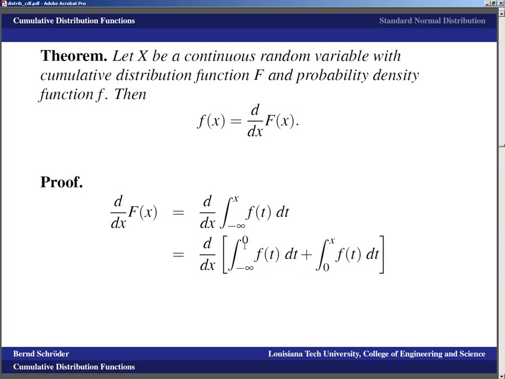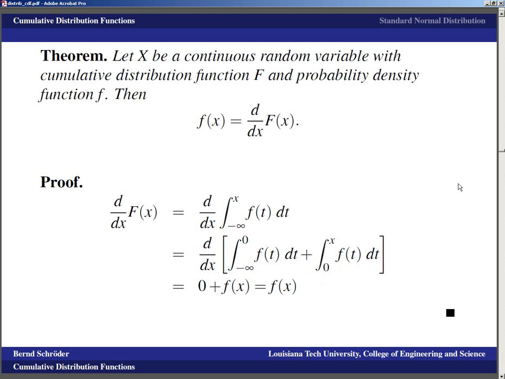And now this one here is a constant, so that derivative is 0. And by the fundamental theorem of calculus in its derivative form, we know that the derivative of an integral with a variable upper bound is just the integrand at that upper bound, so that is f of x.